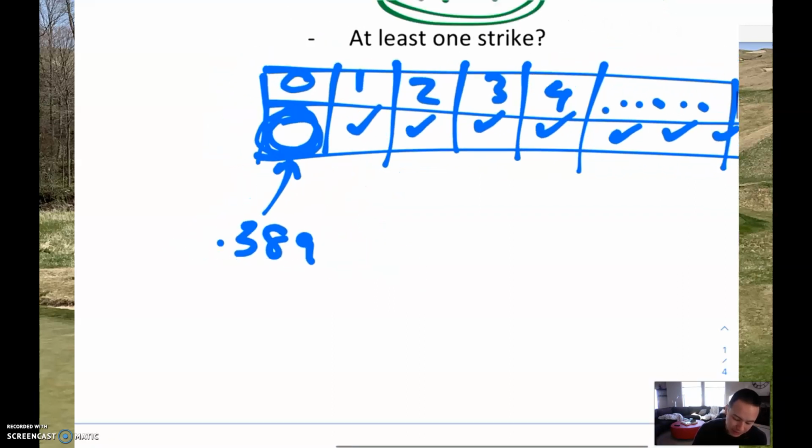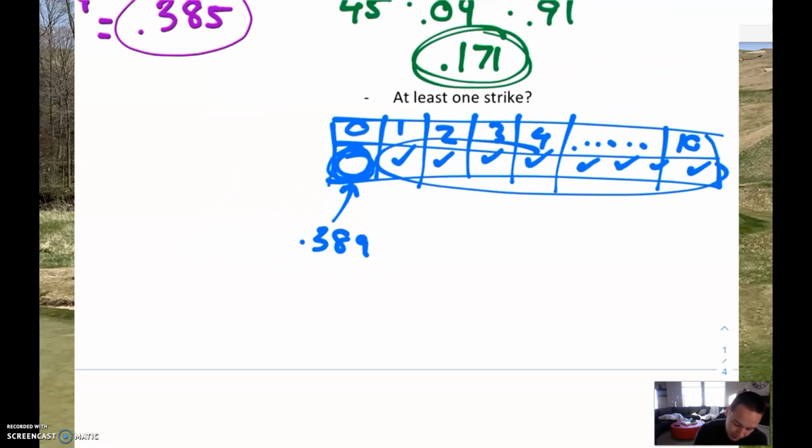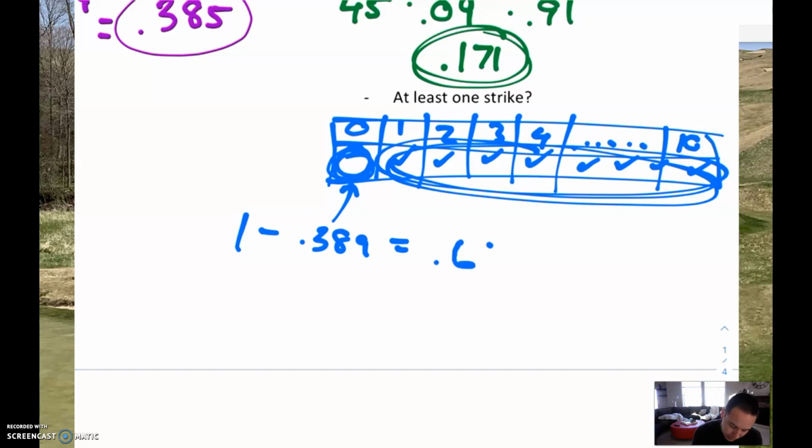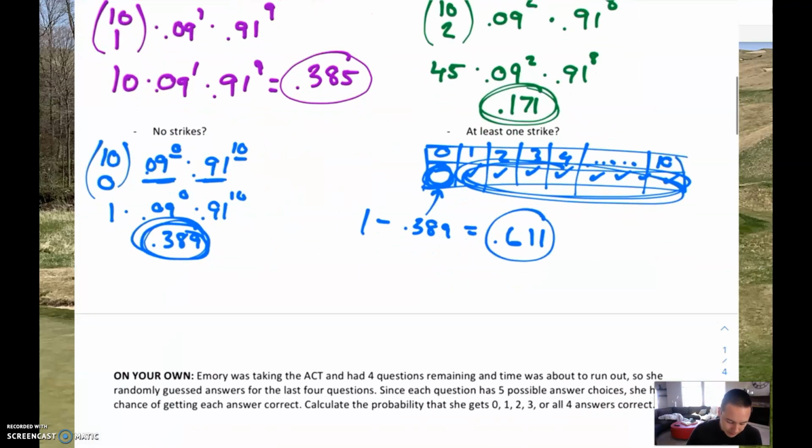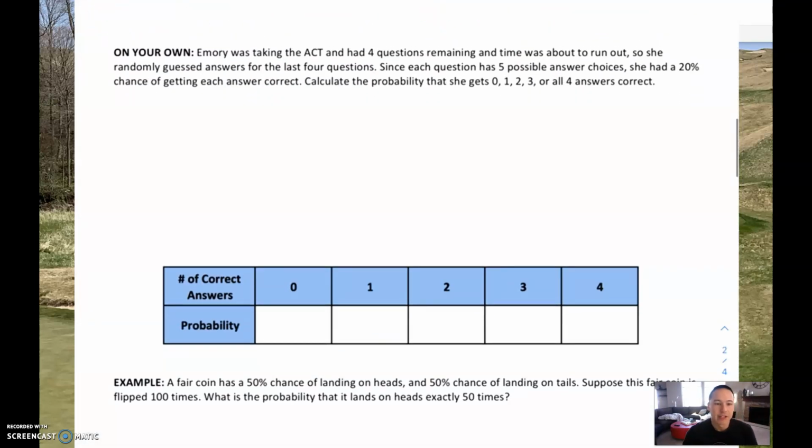And what that means is the probability of every other result, at least 1, would be 1 minus 0.389. And that gives us 0.611. So she has a 61% chance of getting at least 1 strike. She might get 1 strike, she might get 2, she might get all 10, but there's a 61% chance of that happening. And on your own, go ahead and try the next one.